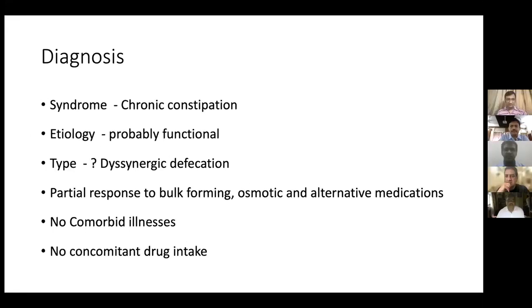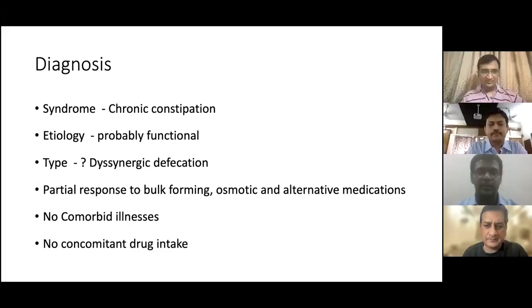However, he did not have a persistent urge to pass stools. So first I would consider dyssynergic defecation. However, I would also keep slow transit constipation in the back of my mind. He had only a partial response to bulk forming, osmotic and alternative medications. He did not have comorbid illnesses, and he did not have any concomitant drug intake.